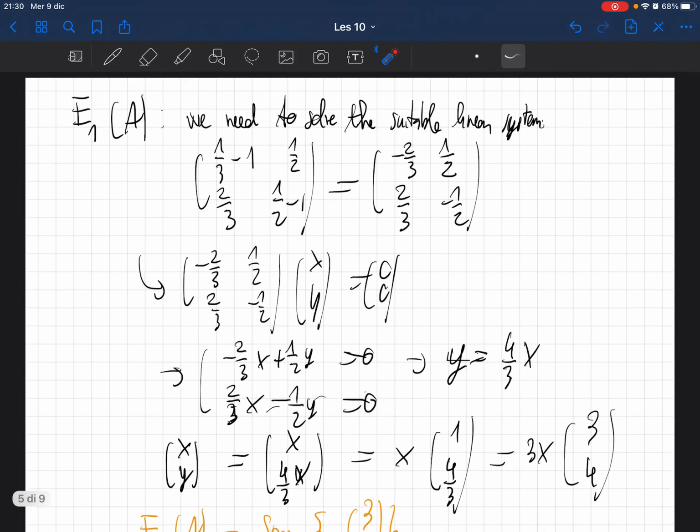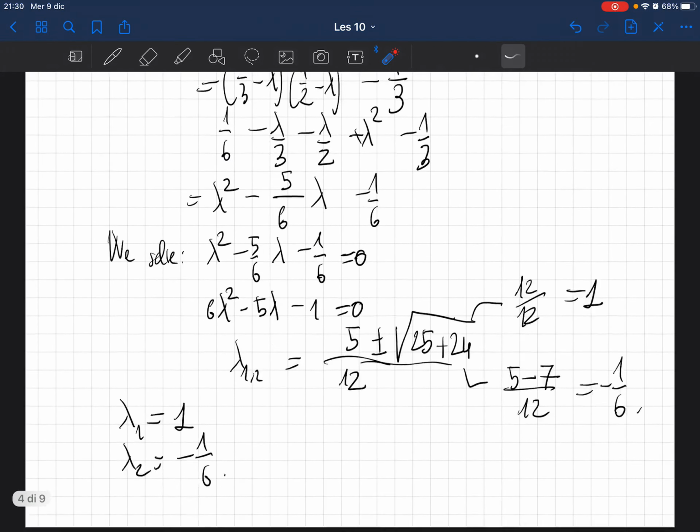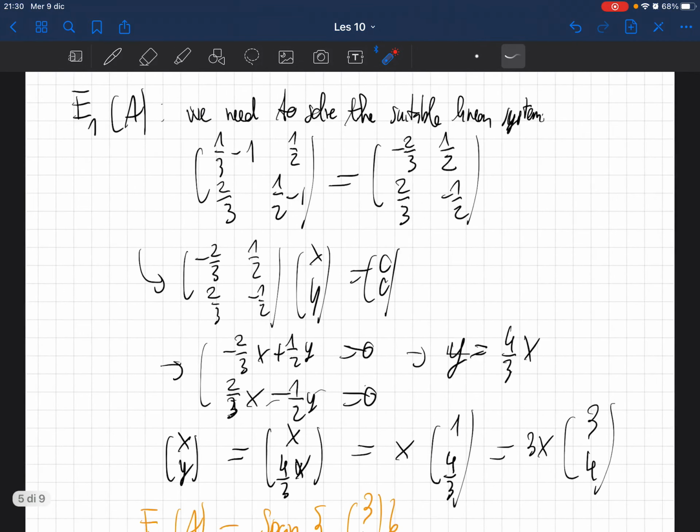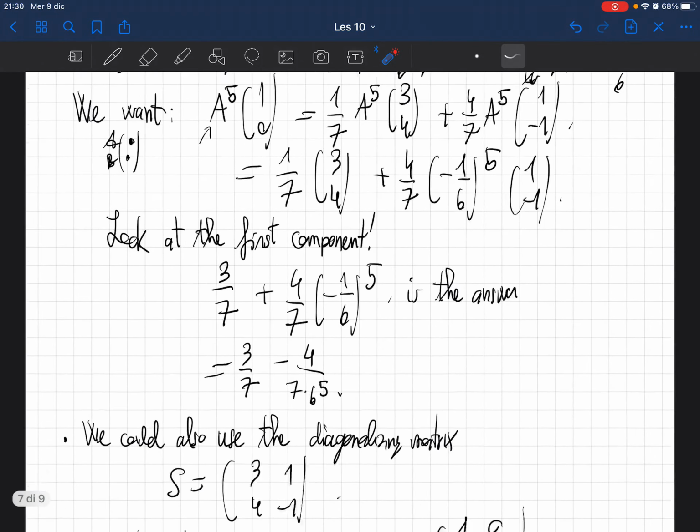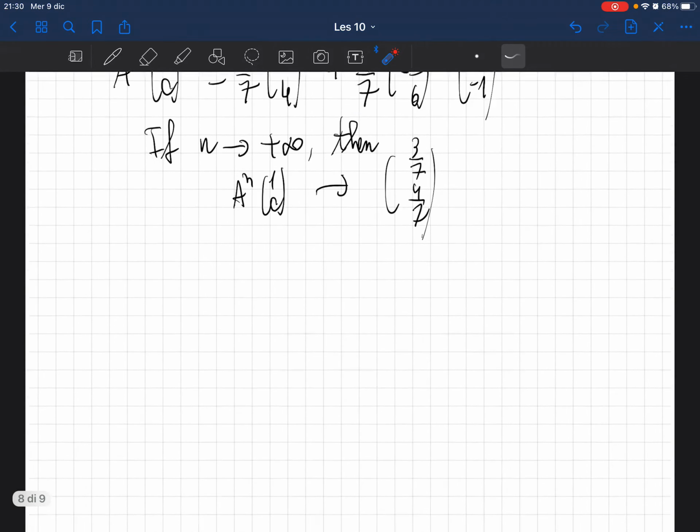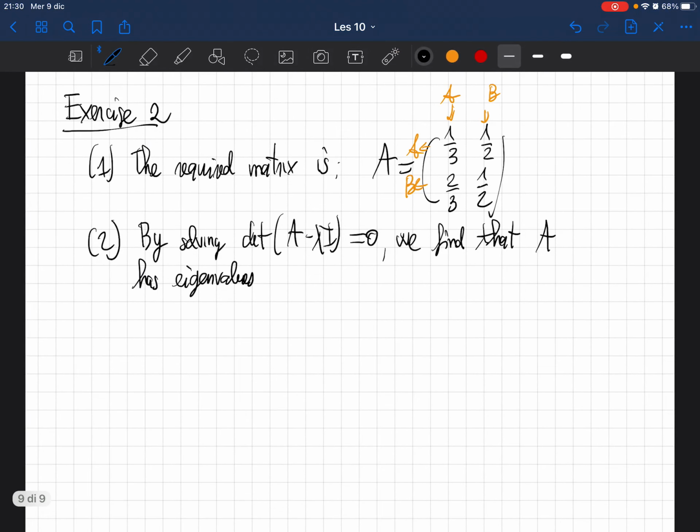But here we would have to do these tedious computations. So we can refer back, and it's okay. We can refer back for the eigenvectors and for the eigenvalues. Lambda 1 equal to 1 and lambda 2 equal to minus 1/6.